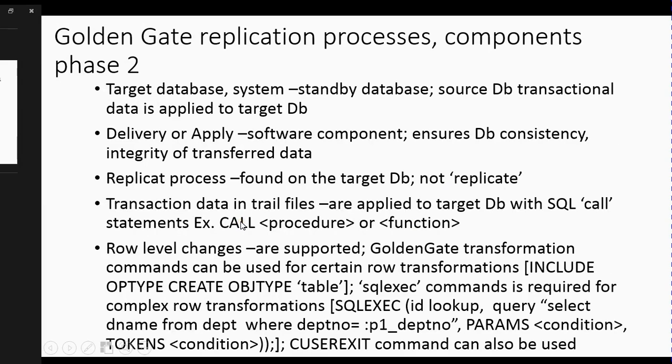This is just a call, and this is where the procedure or the function will go. Also, in terms of the transaction data that's been received, you can modify that data at the row level. Think of it like a SQL statement, where you'd be making changes to the condition inside the WHERE clause.